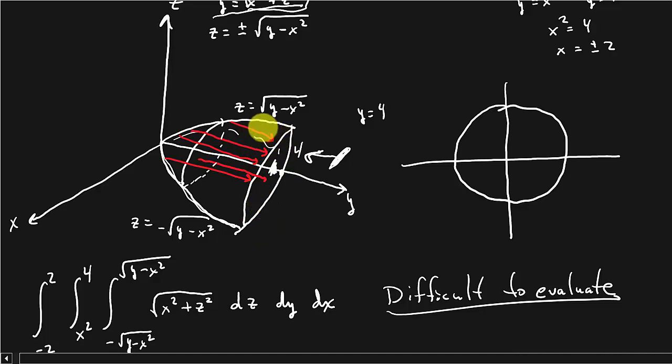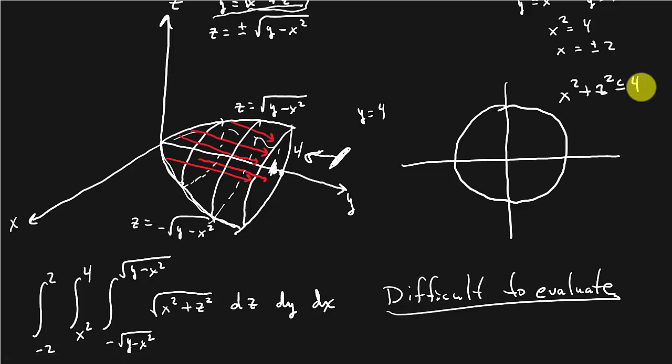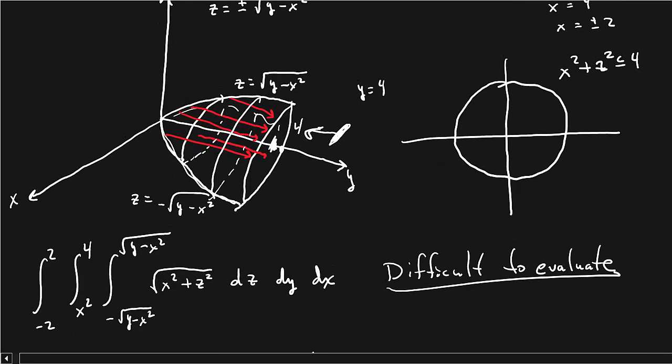And then as I go in and look at more of these circles, x squared plus z squared is going to be less than or equal to 4. That's going to be the largest one, and it'll go all the way down to this point right here.